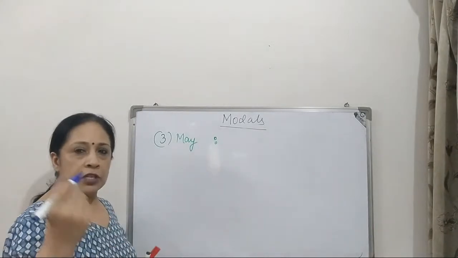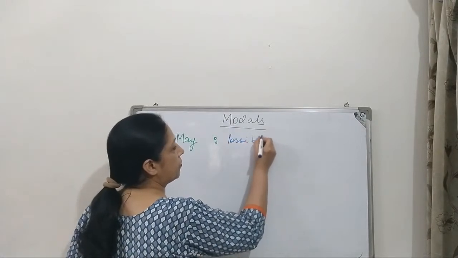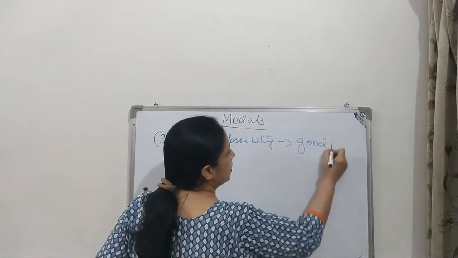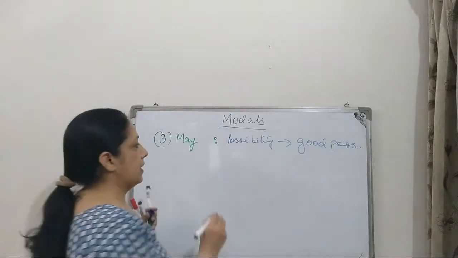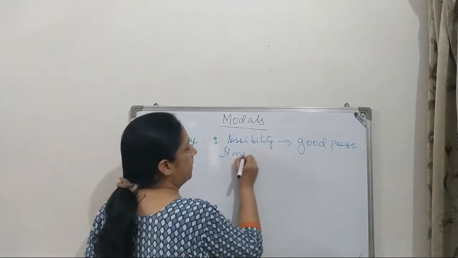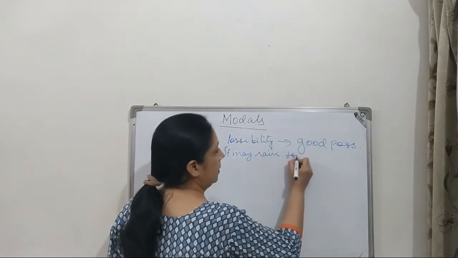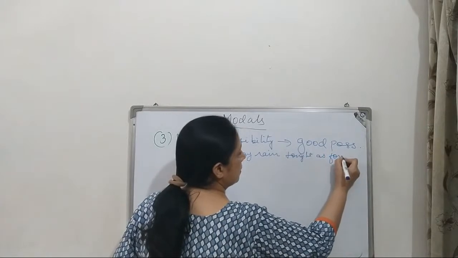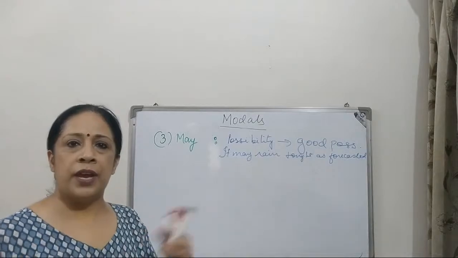Let us start with possibility only. Possibility, and this is very good. So this is good possibility. Right? Yes. It may rain tonight as forecasted. Alright, in the forecast they tell us whether it's going to rain and all that.